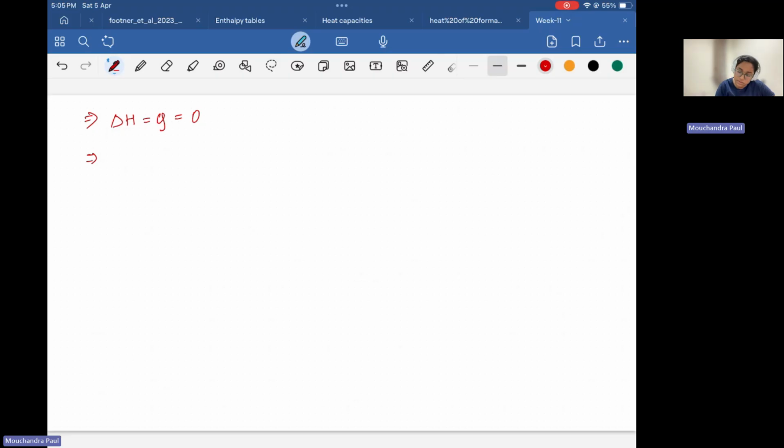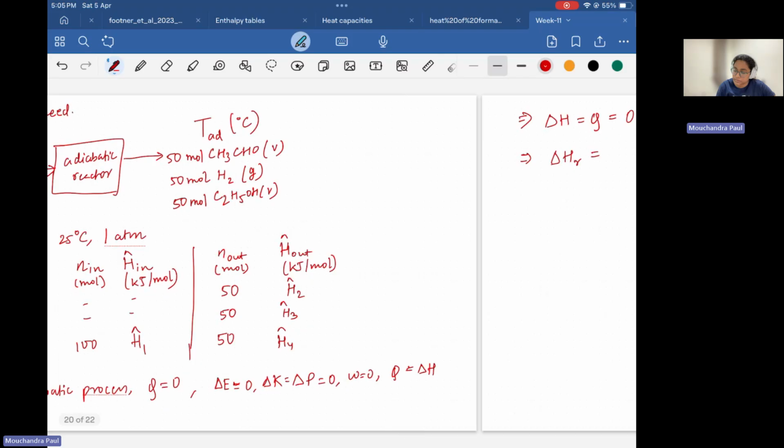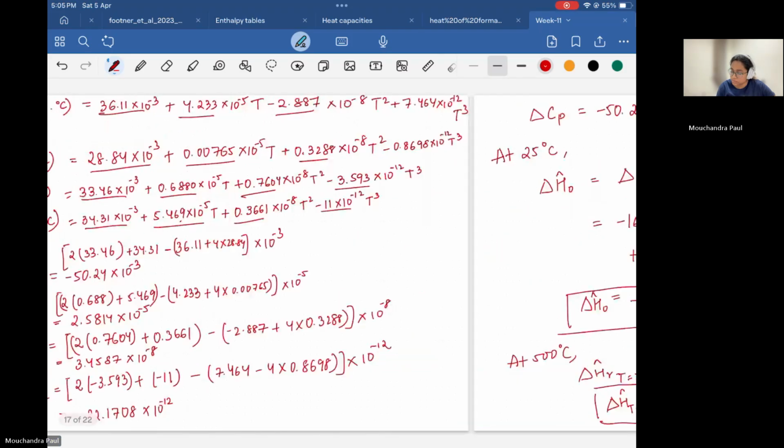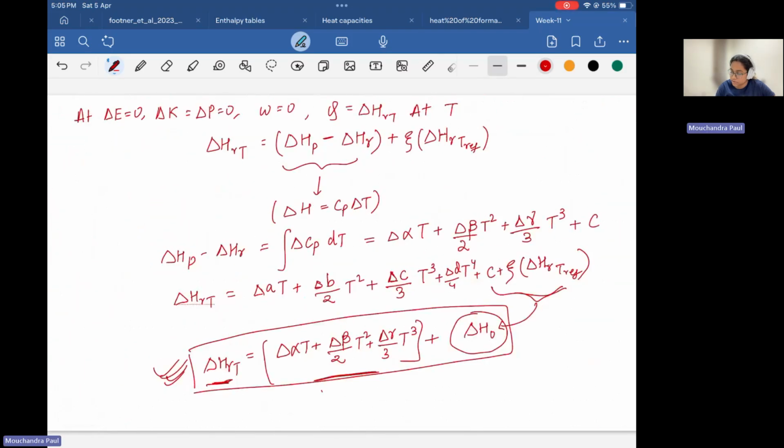So let's write delta H as the heat of the reaction, is equal to this expression.